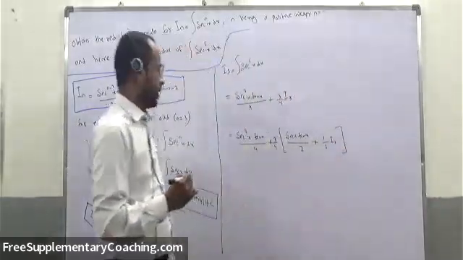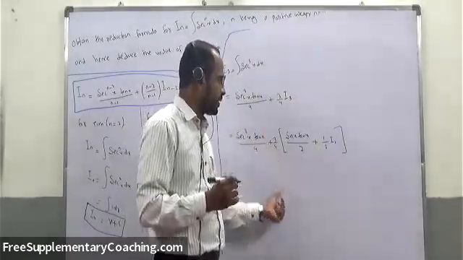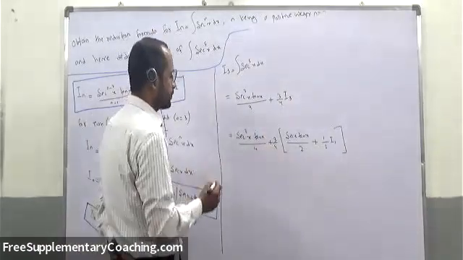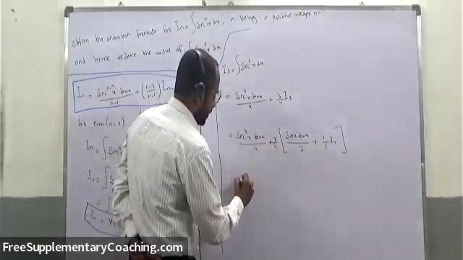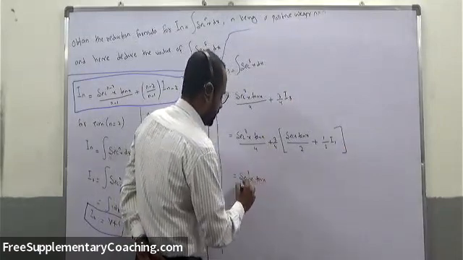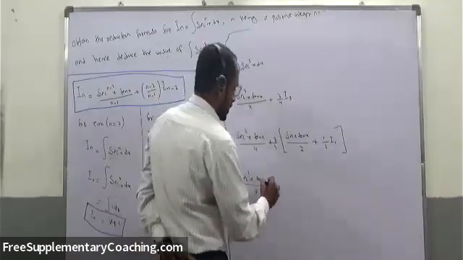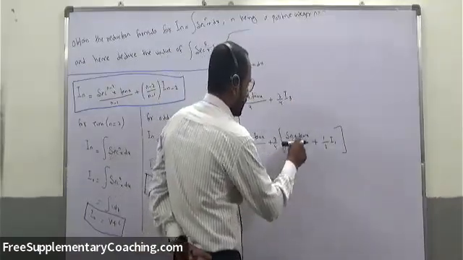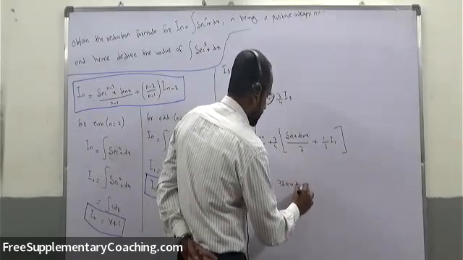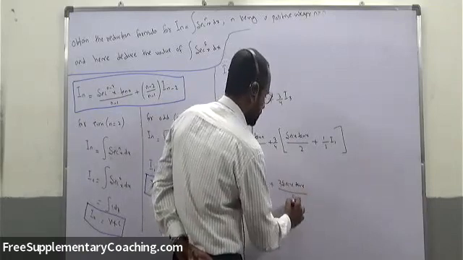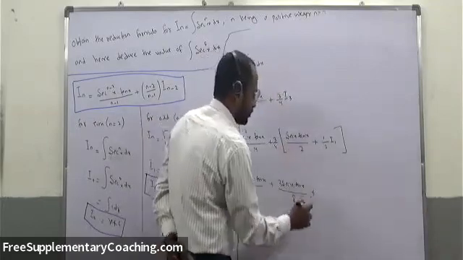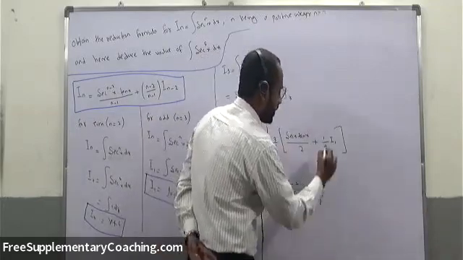Okay. So just take 3 by 4 inside this bracket and see what we are getting. So you have to write secant power cube x into 10x by 4 plus 3 by 4 into secant x into 10x by 2 plus 3 by 4 into 1 by 2, that is 3 by 8 I1.